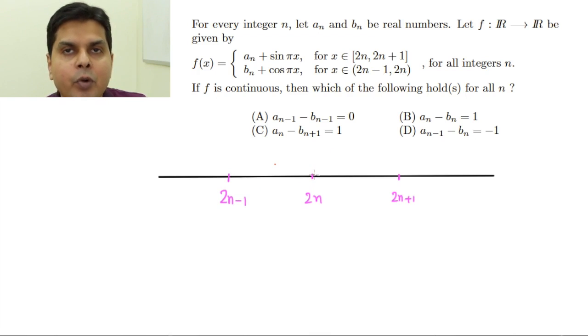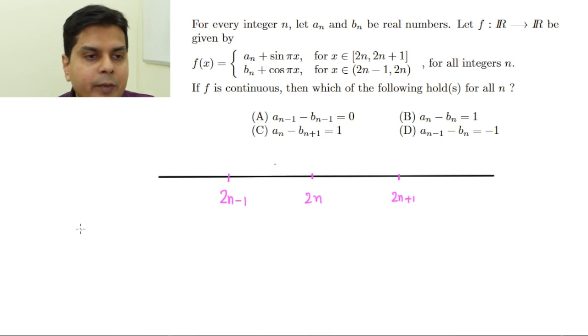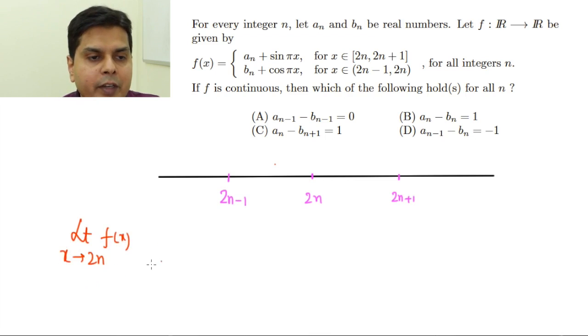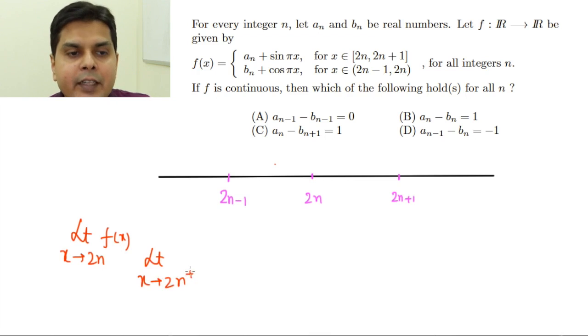But at the end points, that is 2n, 2n plus 1 or 2n minus 1, we equate the value of the left hand limit and the right hand limit. Suppose I have to find limit x tending to 2n of f(x), then first I have to find limit x tending to 2n plus, meaning the right hand limit.